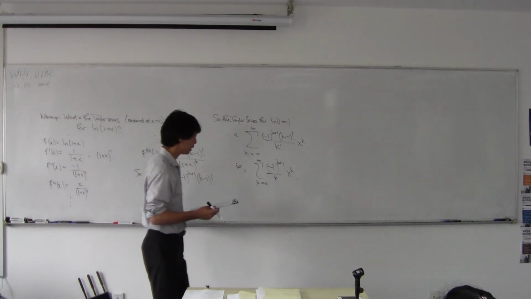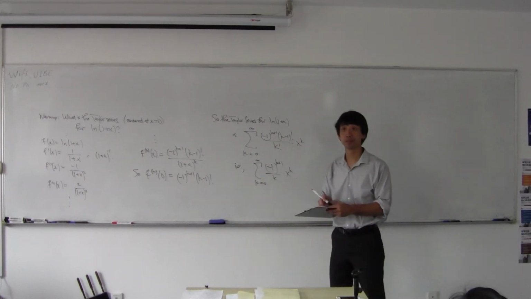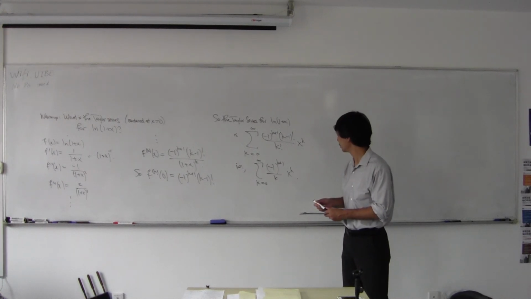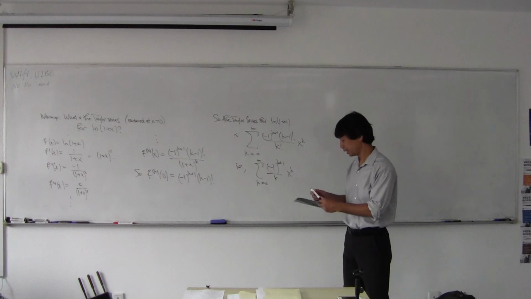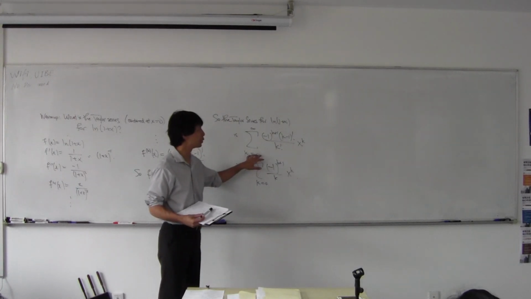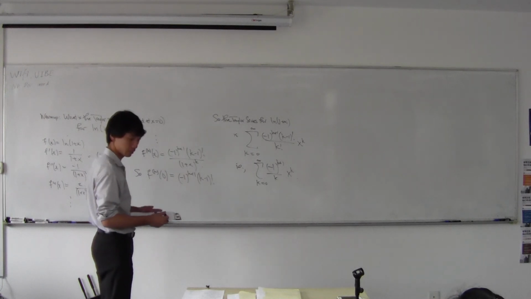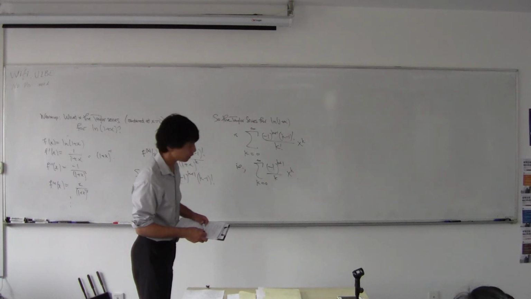Oh, from k equals. Yeah, how should we write that? So the thing is that you actually do have from k equals 0 to infinity. Wait a second. Yeah, you're right.